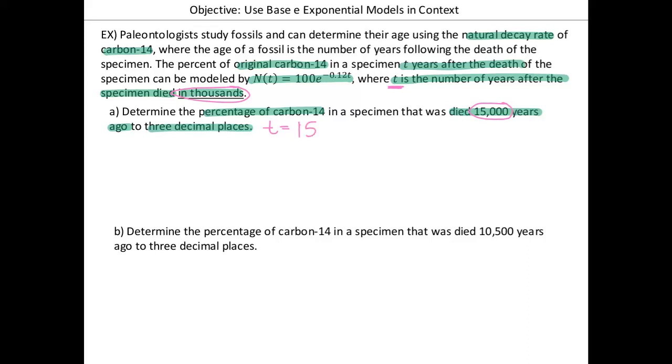Basically, take the 15,000 and divide by 1,000 to get me t. And t is 15 in this case. So I would plug in t to my function. I have n of 15 is equal to 100 times e to the, this time I have a negative 0.12 times t, and my t is 15.